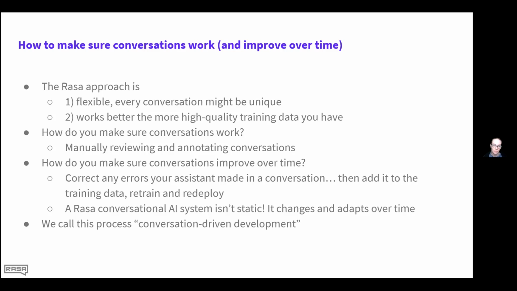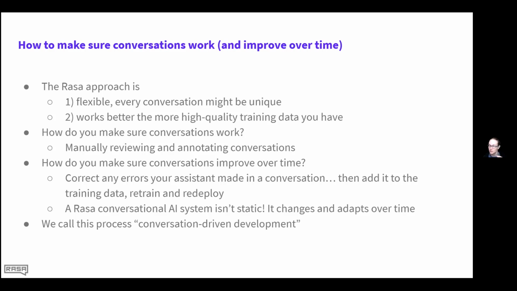It also works better the more data you have. And when I say high quality data here, I mean data that matches the distribution of the data that your assistant will see in production. Of course, the best way to know that is to look at your assistant once it's in production. So how do you make sure that conversations work? One thing I didn't mention here is by writing tests.